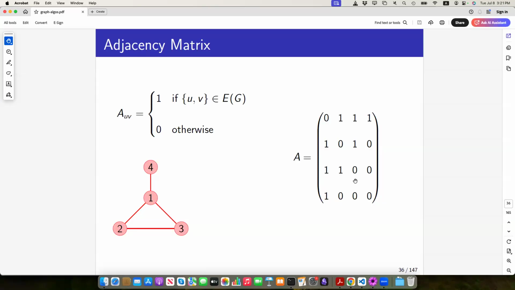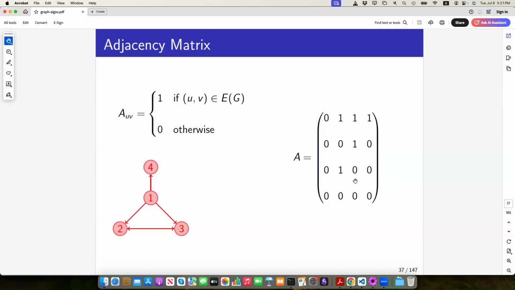Node 2, however, is connected only to 3 and 1. It's connected to 1, because here you have the first column. It's not connected to itself, so we don't have a loop. There exist graphs where we have loops. It's connected to 3, so we have another 1. And it's not connected to 4, so you have a 0 here. Is this clear? Good.